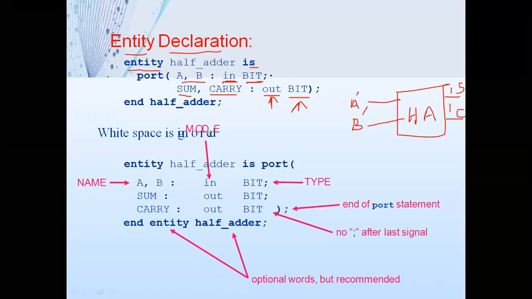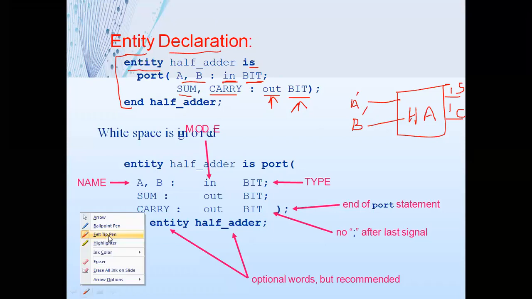So this is the entity declaration for the example half adder. You understand this? This is simply how to declare the VHDL entity for a model. Here the model is the half adder circuit we have considered, and we assumed that it has two inputs.